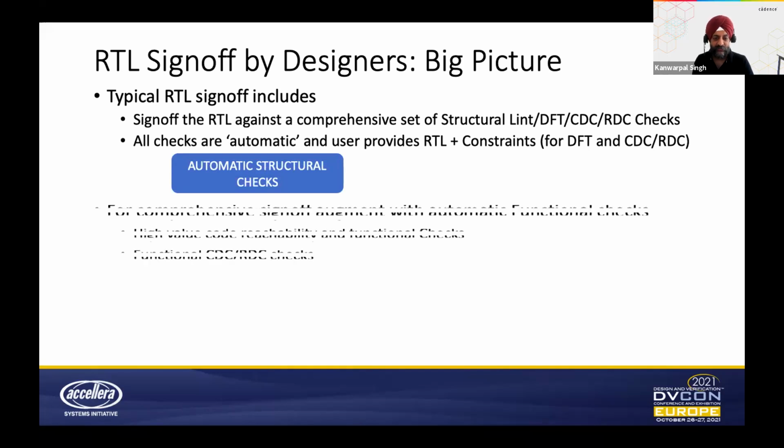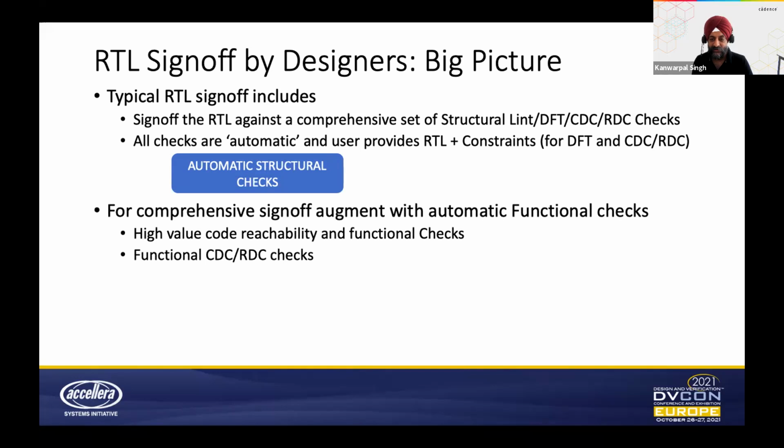From our experience working with different users and in this domain, what we have seen is that if you just do the structural sign-off, there is a good possibility of still having bugs in your design. To cover that, for a comprehensive sign-off, you need to augment your structural checking with automatic functional checks.